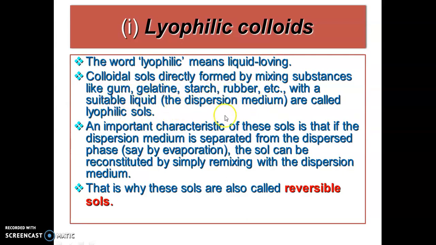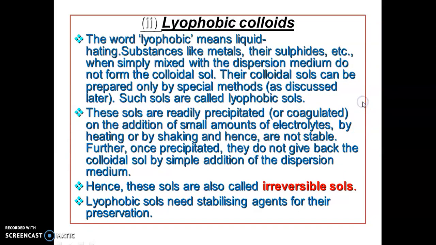They can be formed by easily mixing the substance. So when they are easily mixed, they can be separated by a simple method, or by evaporation. So these sols are also known as reversible sol. Next type is lyophobic colloids. Lyophobic means liquid hating.